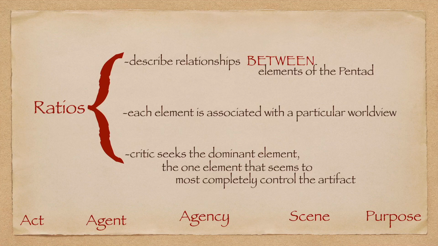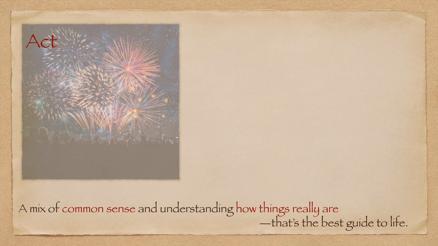And once we know that agent is the dominant element, then we'll back up and look at the worldview that is associated with agent, and we'll use that worldview to unpack how the motives and structures of this artifact are functioning. So let's take a look at each of these 5 elements of the pentad and what they are actually doing.